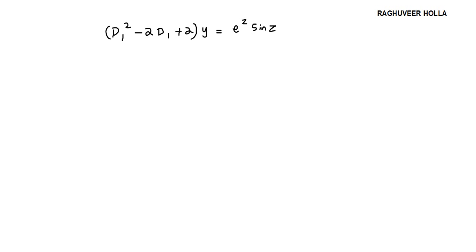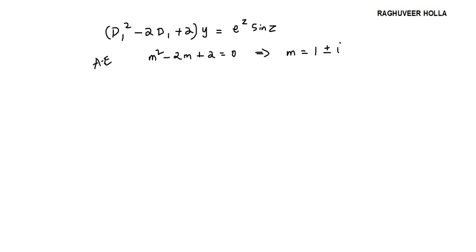Now this is an ordinary differential equation, second order and non-homogeneous. Now let us find the auxiliary equation corresponding to this: m square minus 2m plus 2 is equal to 0. Since it is a quadratic equation, you get two roots, so m is equal to 1 plus or minus i.